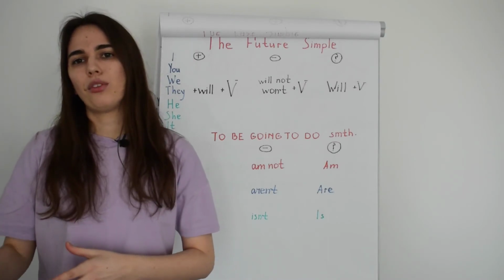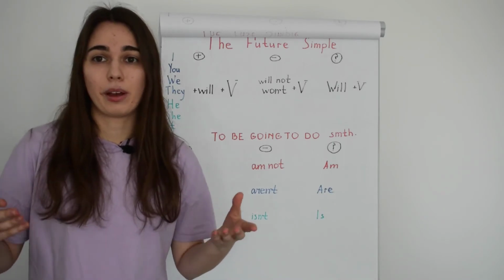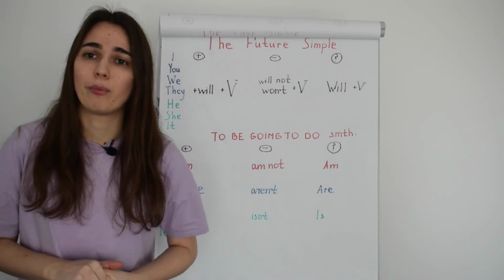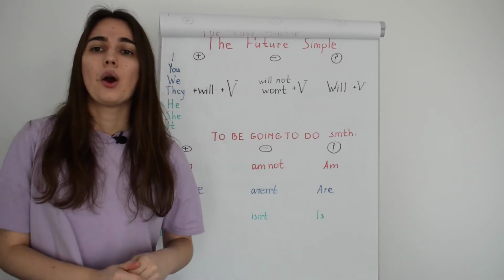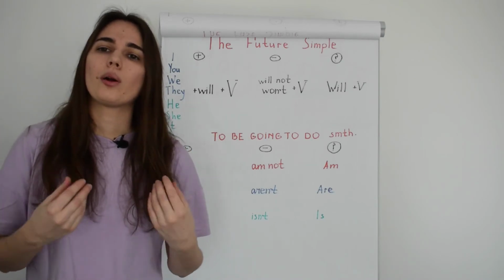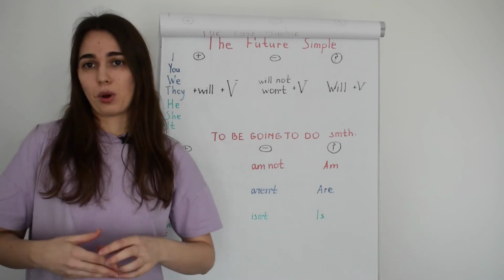I wake up, I run, I cook, I edit my videos, I record them, etc. It's my routine. But when we talk about things which are happening right now, we use the present continuous.